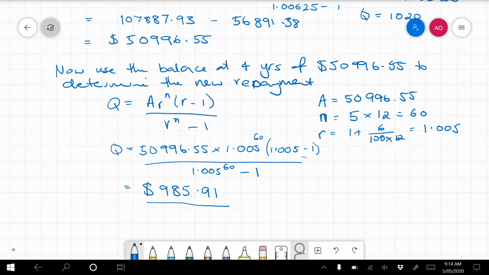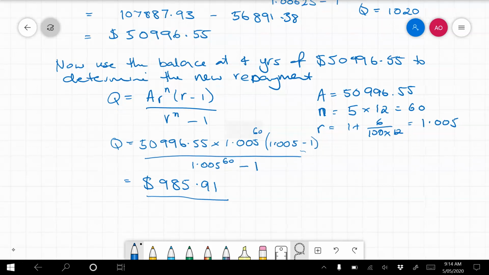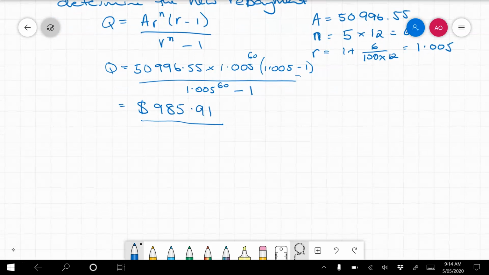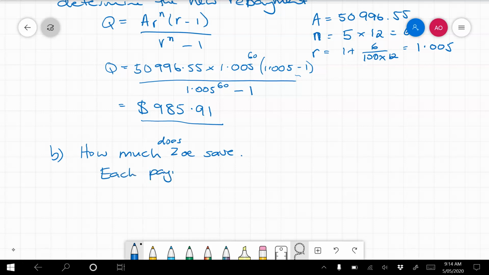Now, that's excellent, but how much does she save? The B part: how much does Zoe save? Each payment, she was paying $1,020 and now she's paying $985.91.